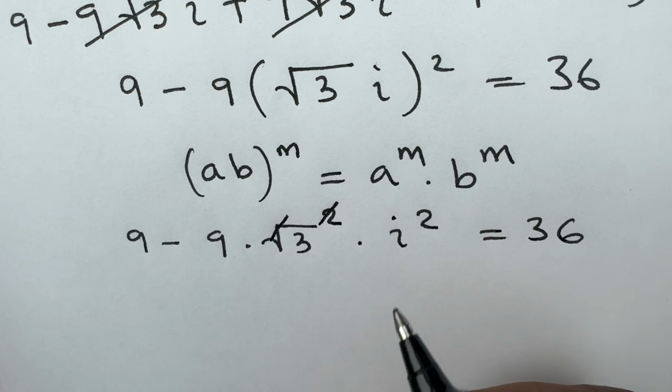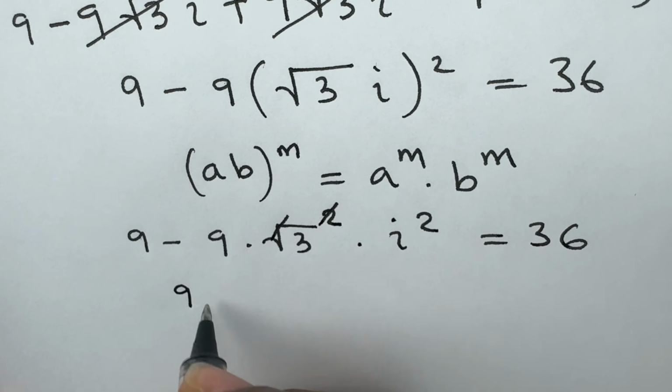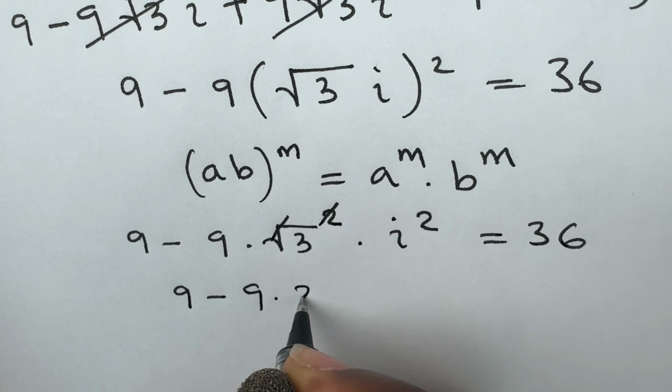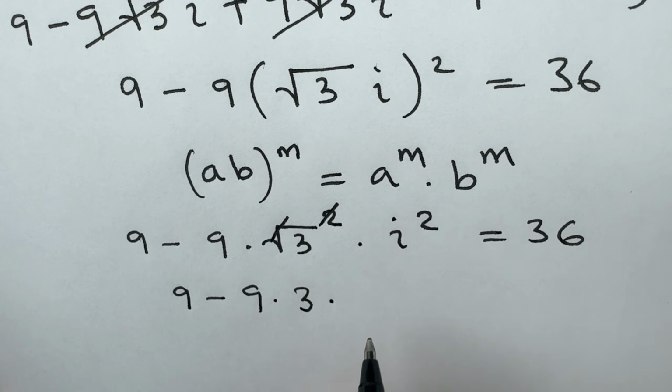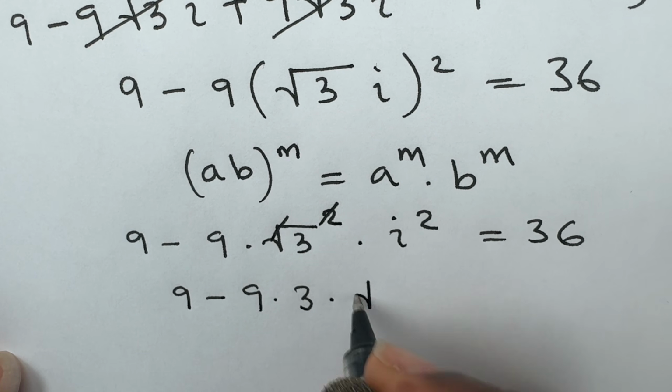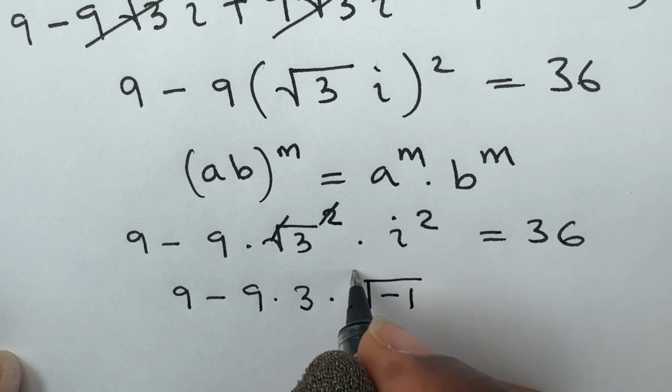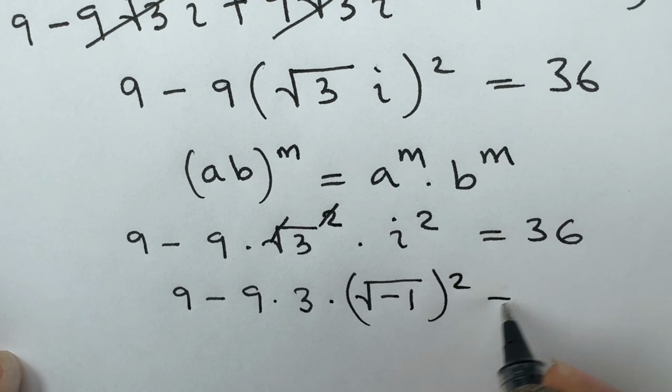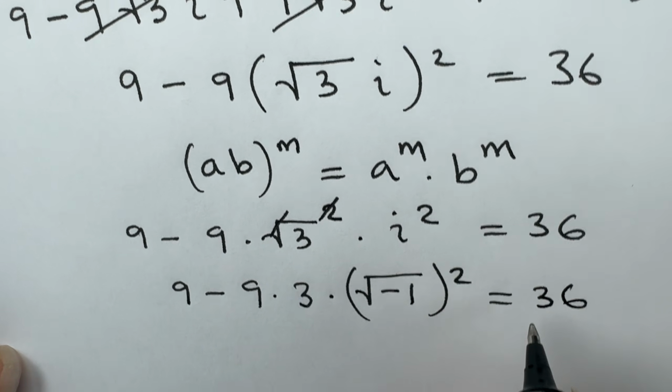This cancels this. So we have 9 minus 9 times 3 times i, which is square root of negative 1, then raised to power 2, is equal to 36.